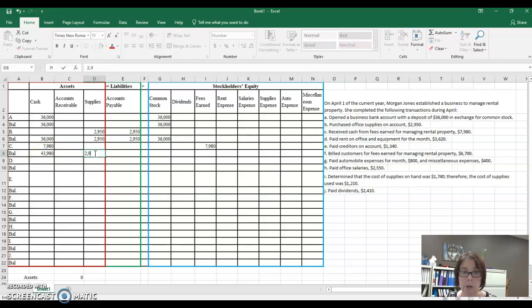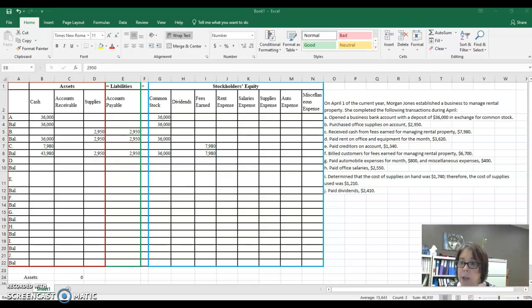We're going to bring down the $2,950 from the liabilities. We still have the $36,000 in common stock, and now we have $7,980 in the fees earned. So we could check here. This totals $46,930, and this totals $46,930. Hopefully you can see that down at the bottom here.